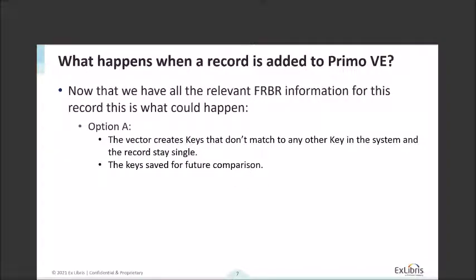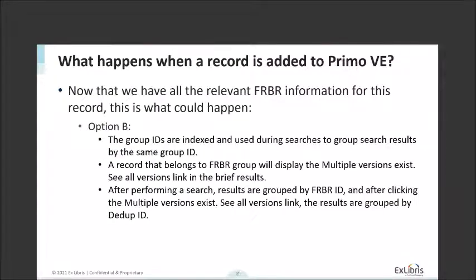And as we already saw, we have two options here. Option A, these vector keys don't match anything, but are still kept in the system for future use. And of course, option B, it becomes part of a FRBR group, it gets a FRBR ID or group ID, and then we get the famous multiple versions exist link.